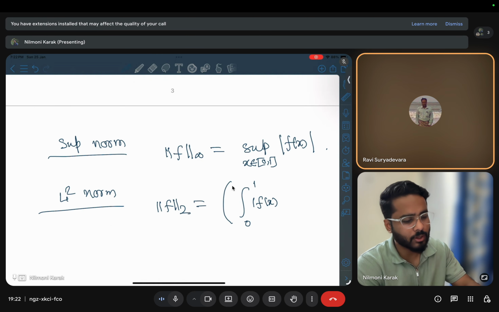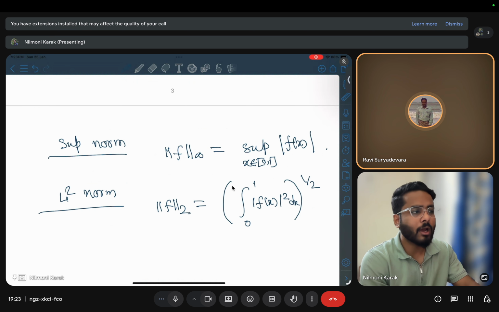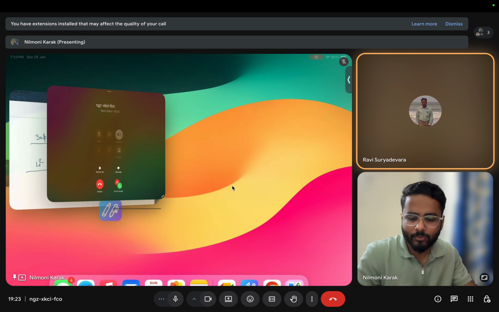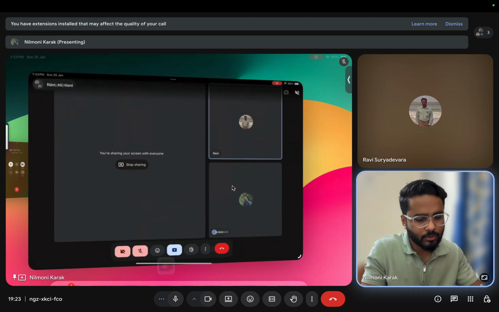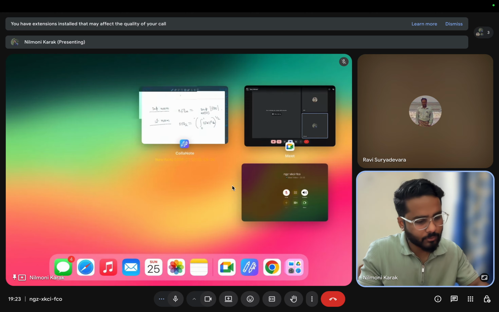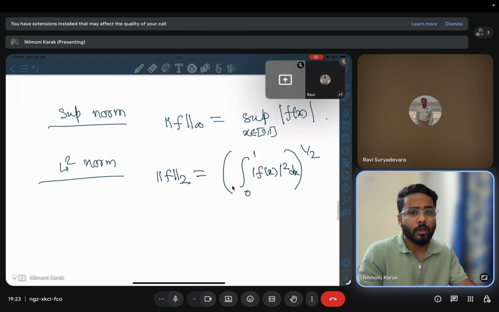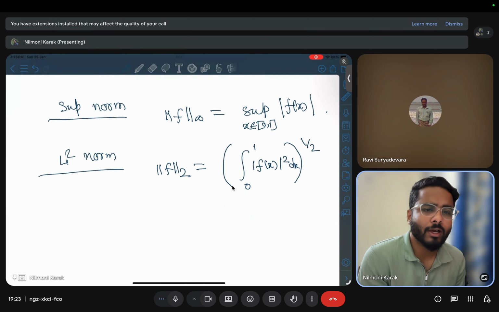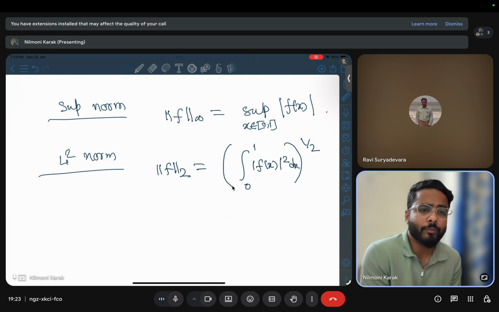How is zero the infimum? It approaches zero as n tends to infinity. So if you check the definitions of infimum and supremum, you can easily understand.